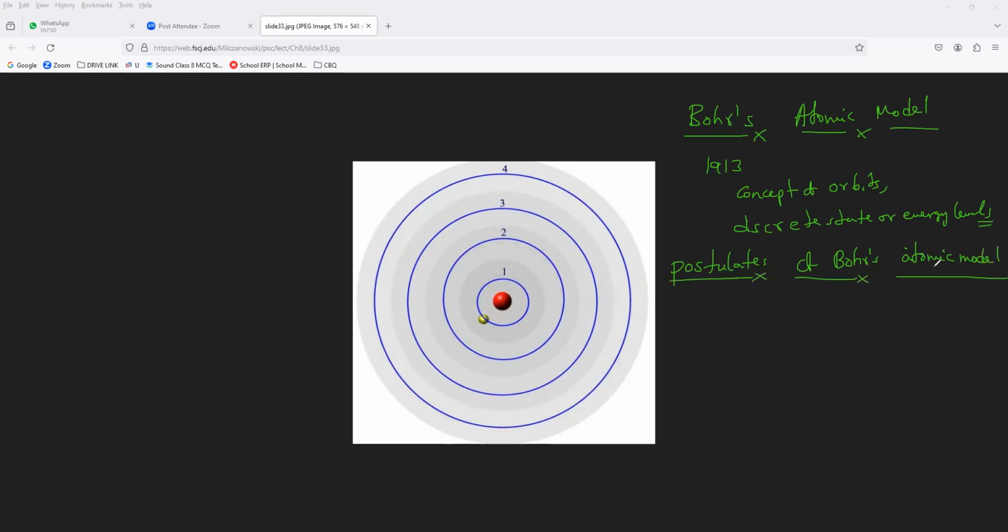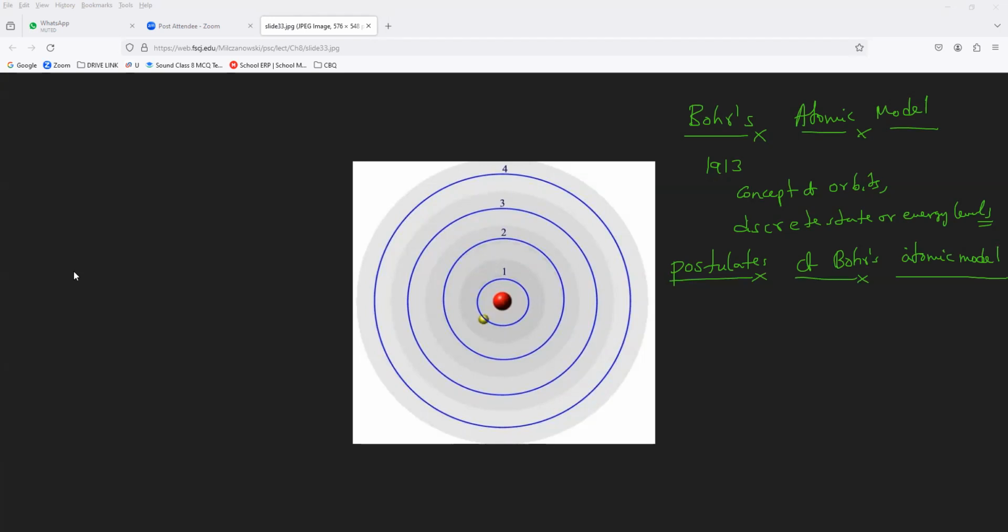First point. The first point about Bohr's atomic model is, as we all know, that Rutherford said that electrons are not stationary. What are the electrons doing, everybody? They are revolving around the nucleus. Is it right or wrong? That is the same thing here.